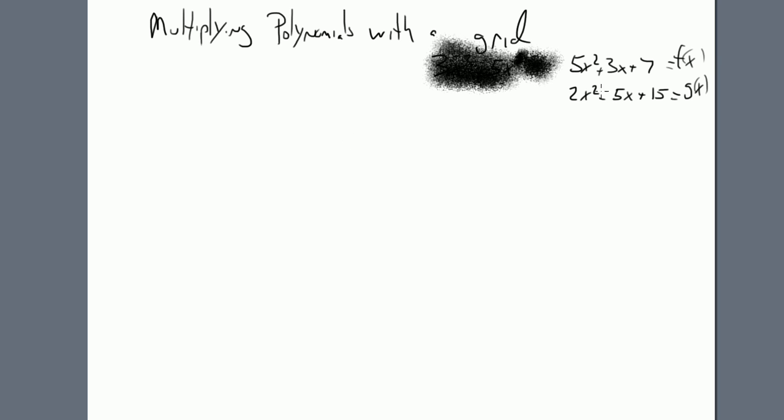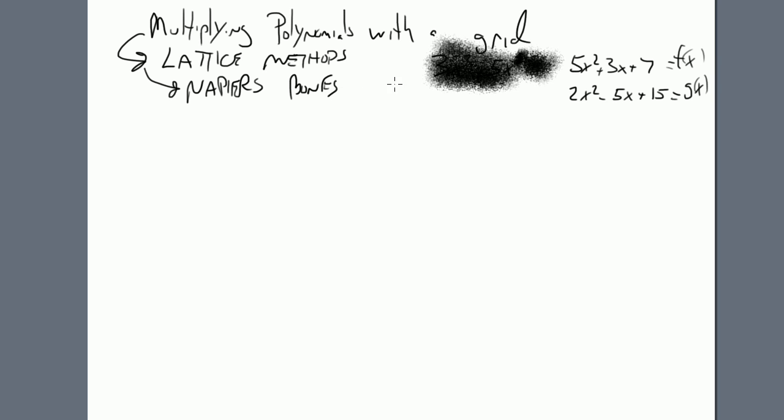And mostly what we're trying to do here is show and colorize how this lines up with the lattice method, which all kids love and all parents hate, which is based on Napier's bones. We're also going to talk about what is standard.